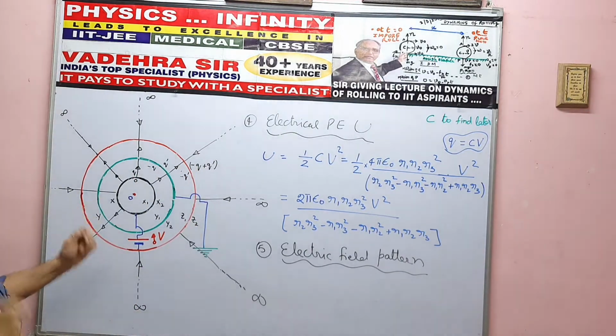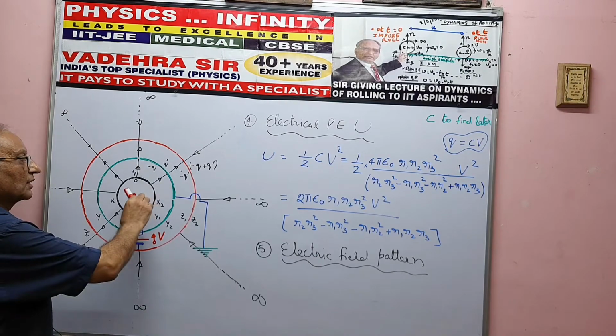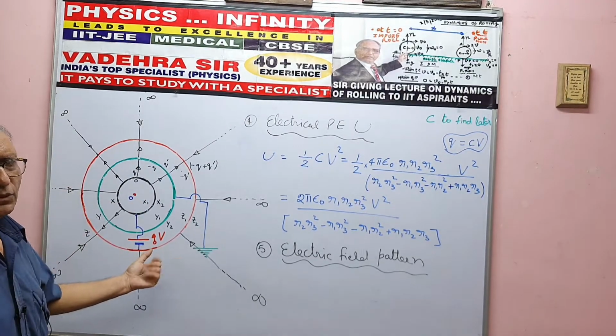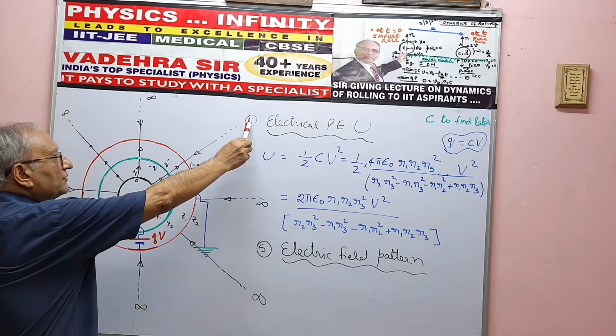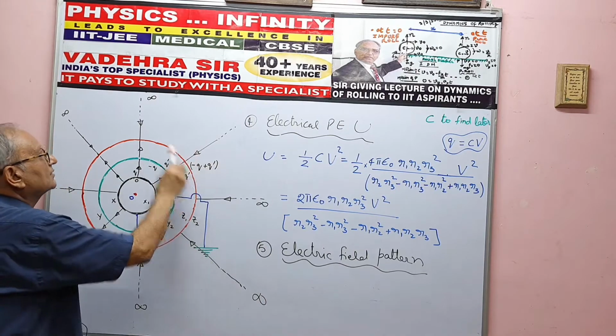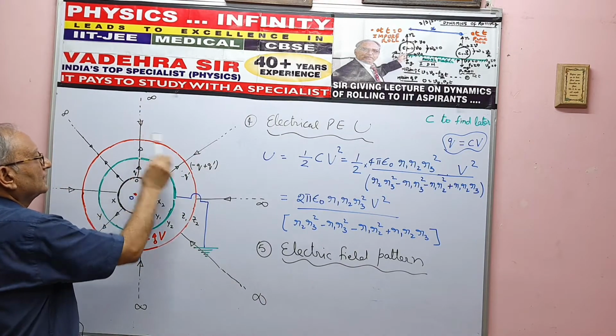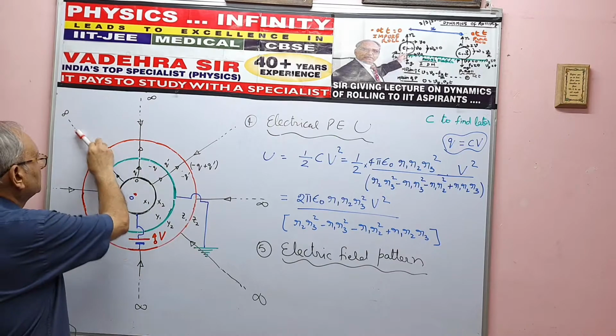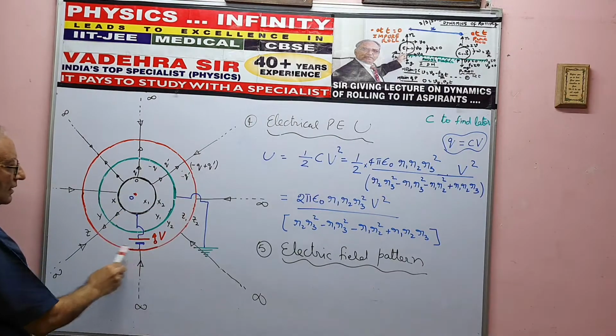So how will be the field? Think of it. The field is radial, no doubt. From infinity, it comes over here, infinity to Z2. No field within the conducting materials.